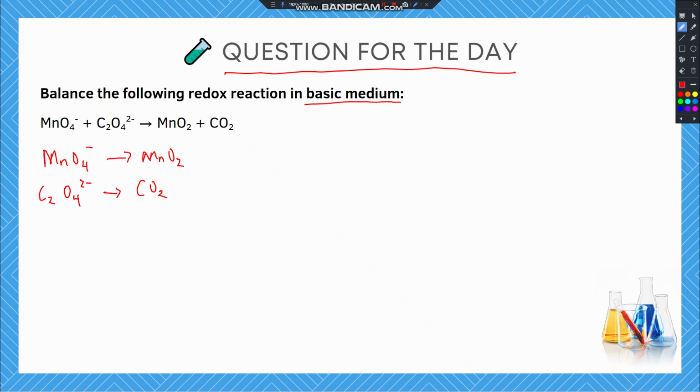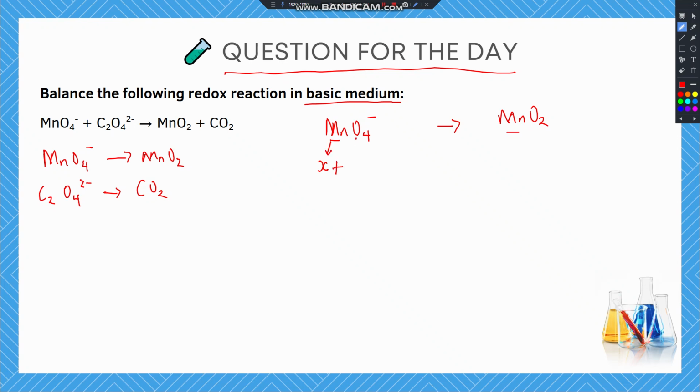So taking the first half, for example, we have MnO₄⁻, and on the other side we have MnO₂. So we need to find the oxidation numbers of manganese on both sides. That will tell us if it is the reduction half or the oxidation half. So let's call the oxidation number of manganese on the left hand side X, since we don't know what it is.